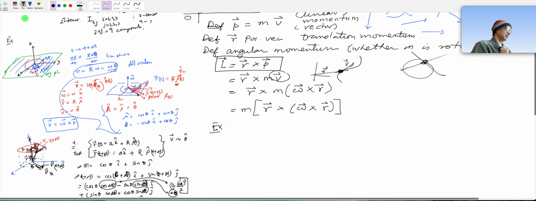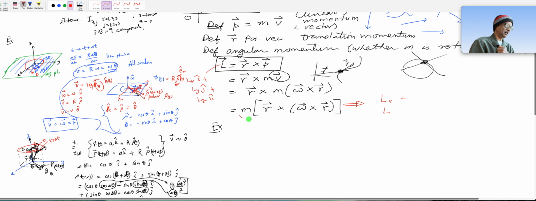Before I give the example, let's look at this closely. What we want from here is the formula for the x component. This will have an x component i hat plus y component j hat plus z component k hat.